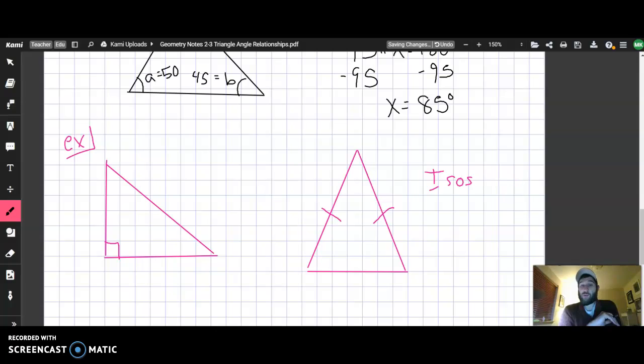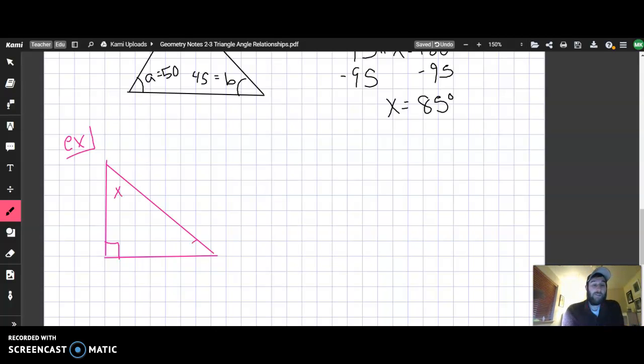Let's go ahead and rewind, because in this example, we are looking at a right triangle. In this right triangle, we have our value of X, and then we have this angle measure down here, and I'm going to go ahead and toss in a 64 degrees here, because who doesn't love 64 degrees? So now we need to solve for the value of X. There's two ways you can do this.